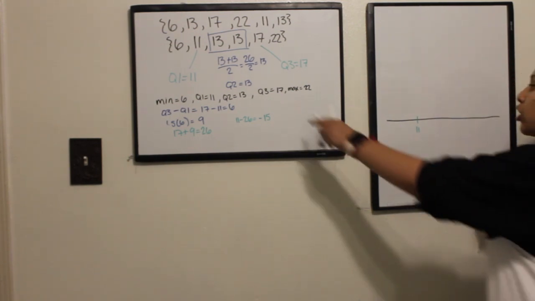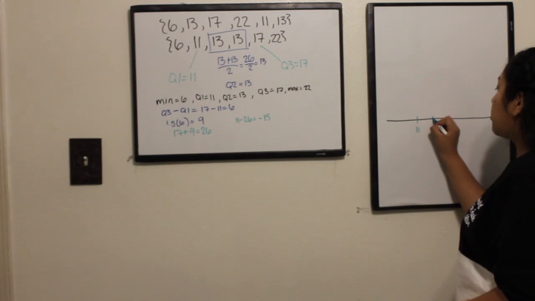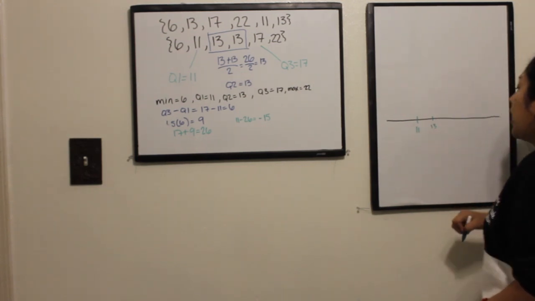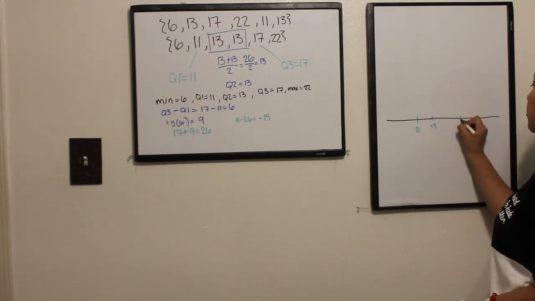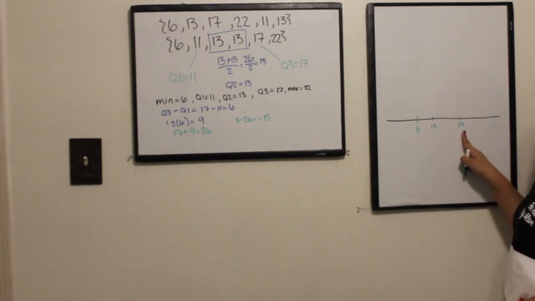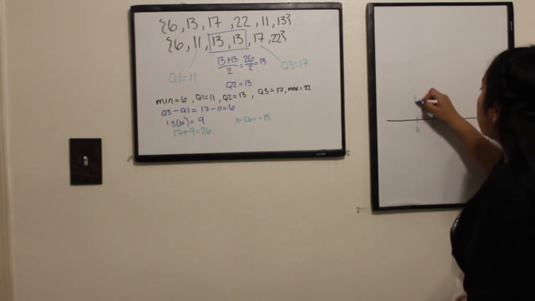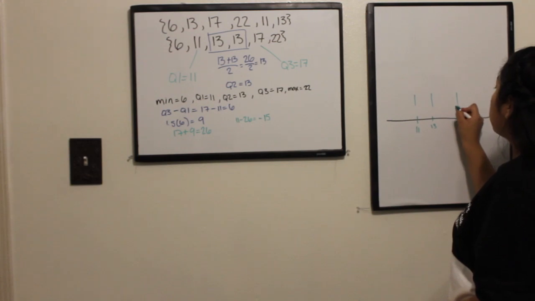And then we're going to put our quartile 2, which was 13. 13 is fairly close to 11, so I'm going to put it right here. And then our quartile 3, 17, I'm going to put it right over here. So once we find our quartiles, we're going to put little lines up here, and then we're going to connect all of these 3.